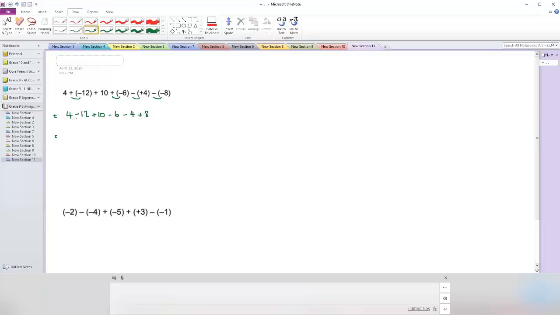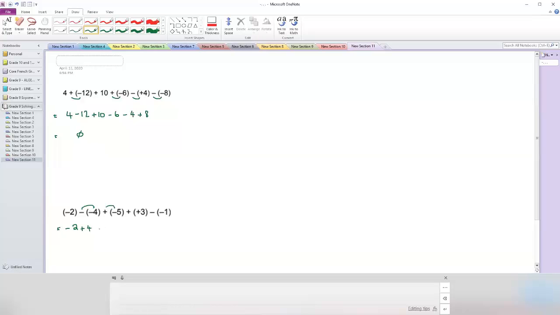4, negative 8, positive 2, negative 4, negative 8, plus 8 means 0. Next, again, the negative here is by itself, so I keep it negative 2. Negative and negative, they are the same sign, so it's positive 4.